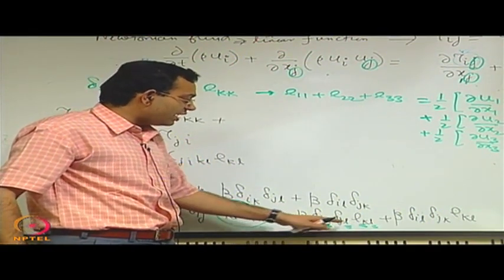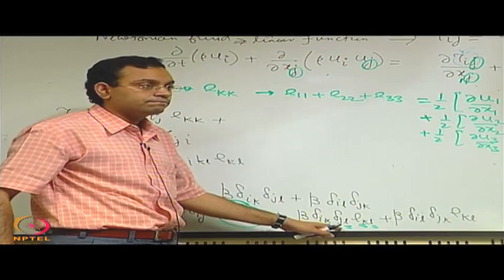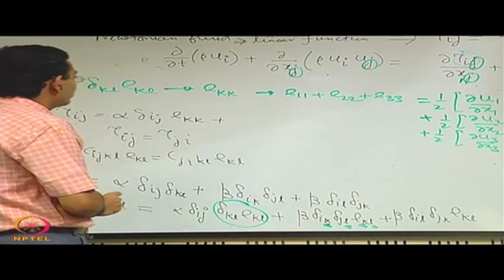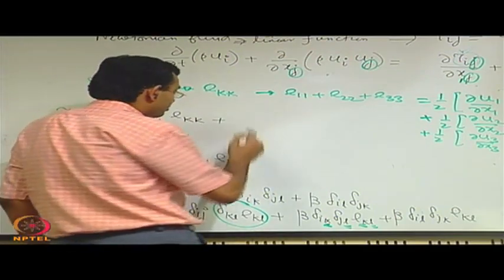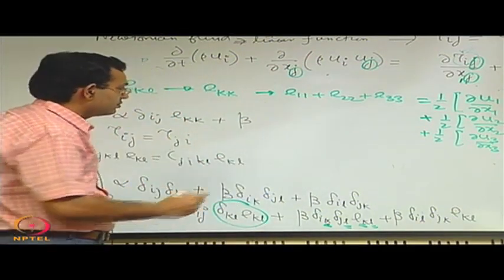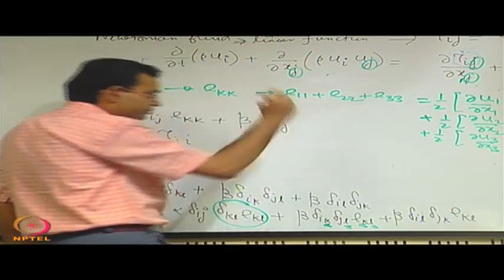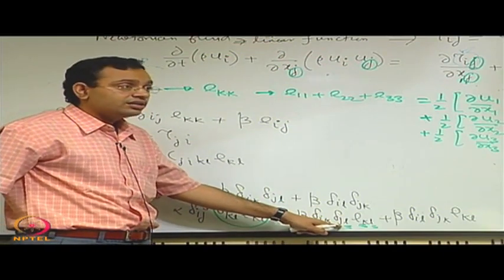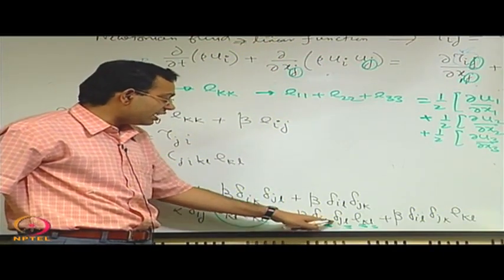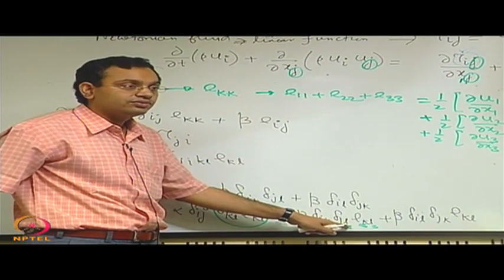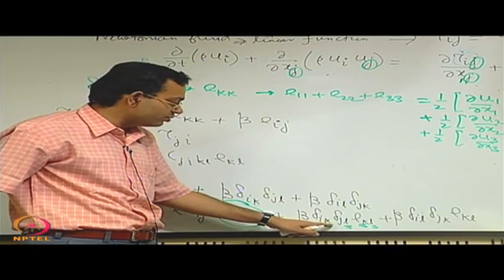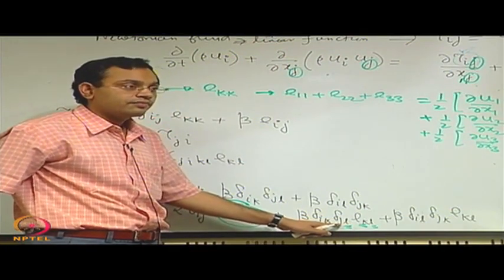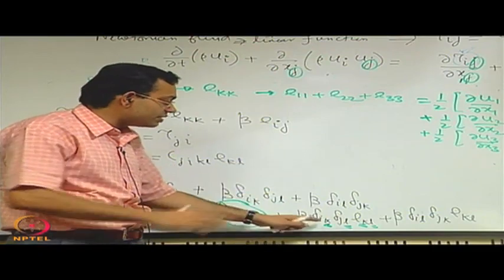When k is equal to i and l equal to j, because then only these deltas are non-zero. So the next term will be beta into Eij, because you are writing a summation over k and l.